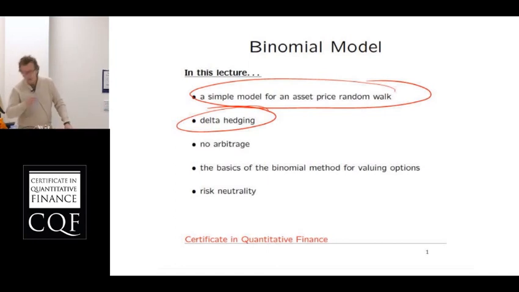Risk neutrality, our pure mathematician friend's not here, is one of those things that I suspect has been invented by pure mathematicians to confuse people. It's a very confusing concept. You don't need to know anything about risk neutrality to do anything with derivatives.